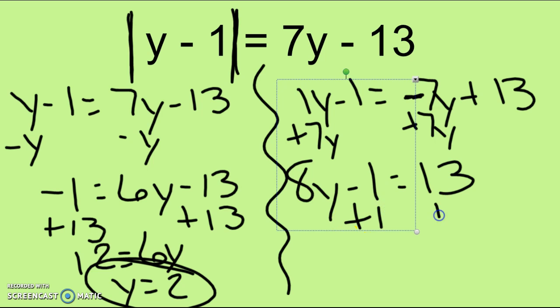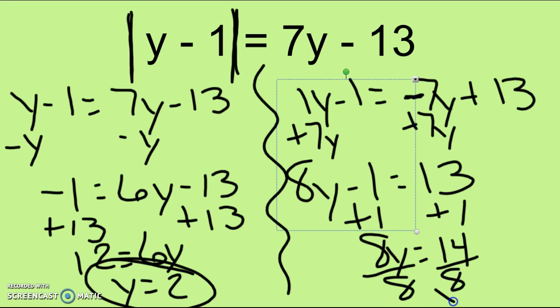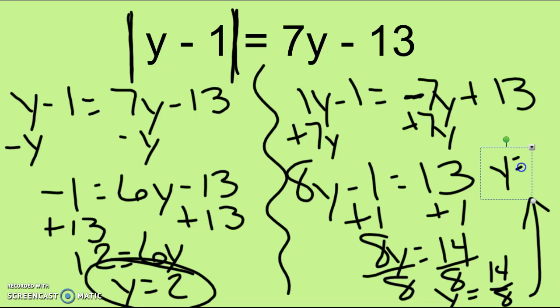Add 1 to both sides, and we get 8y is equal to 14. Then divide by 8, and you get y is equal to 14 over 8. Let's put that in lowest terms. 2 goes into both of those, so y is actually equal to 7 over 4 in lowest terms. We have two answers that are completely different.